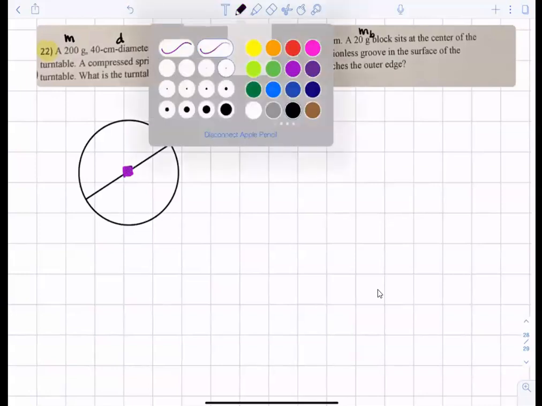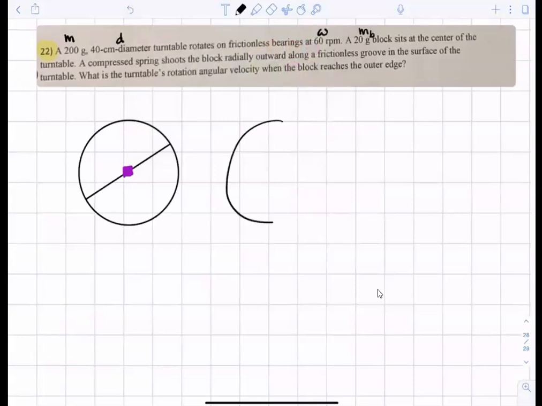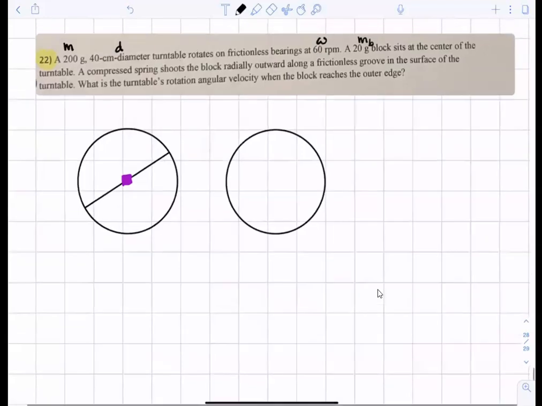And now let's depict the second part. I'm going to do the same disc. I'm assuming that this block now is going to go on a groove towards the edge. I should have probably put a better way to look at it.